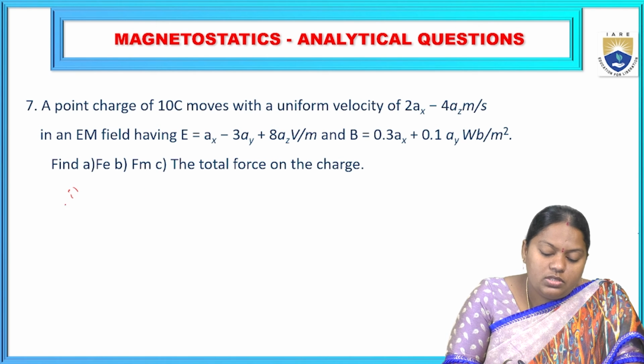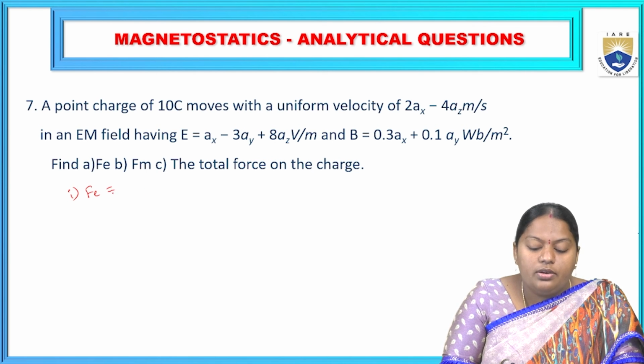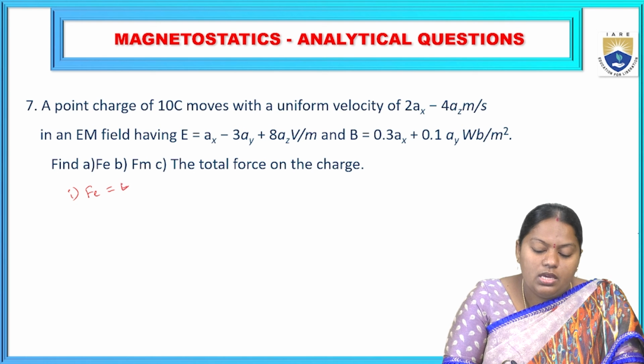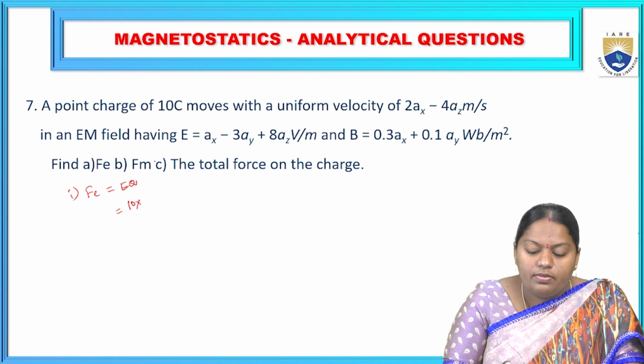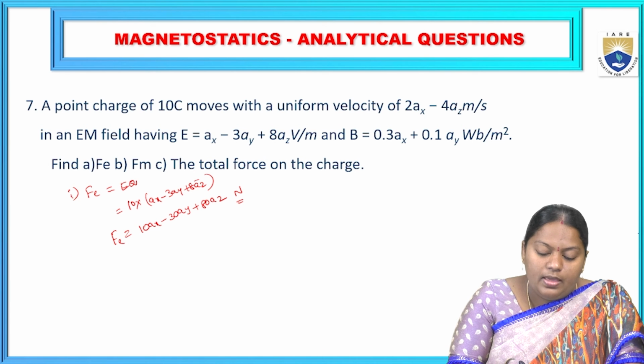Similarly, here also, first we need to find Fe, meaning electric force, which is given by E into Q. So first, Q is given as 10 coulombs into E, which is given as AX minus 3AY plus 8AZ. So 10AX minus 30AY plus 80AZ is to be obtained for the electric force. This is for the first one, A.